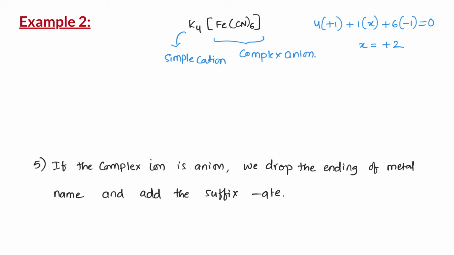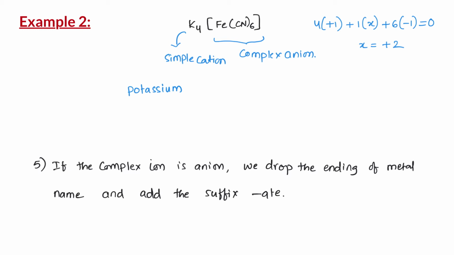Now let us name this coordination compound. We name the cation first, followed by the anion. The cation is potassium. Next, let us name the anion. The anion is a complex ion.